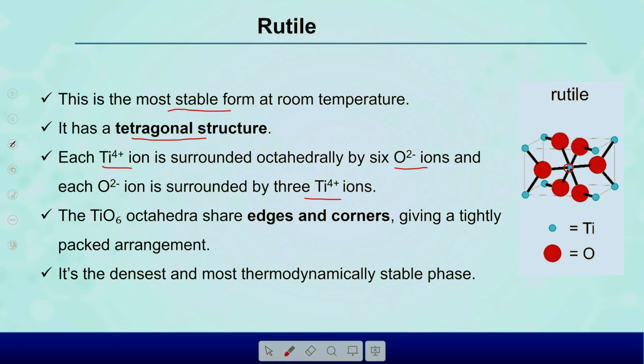The TiO6 octahedra share both edges and corners, thereby giving rise to a tightly packed arrangement. And rutile is the densest and most thermodynamically stable phase.